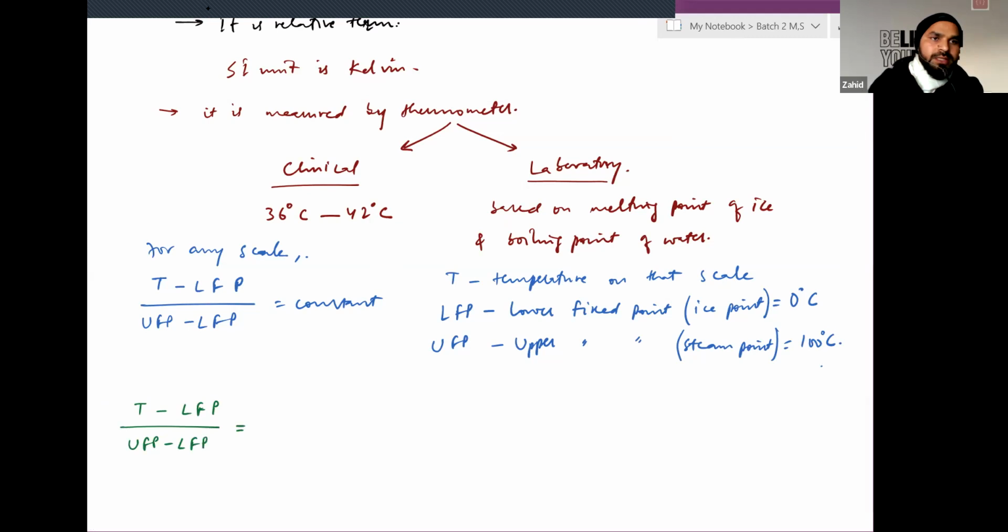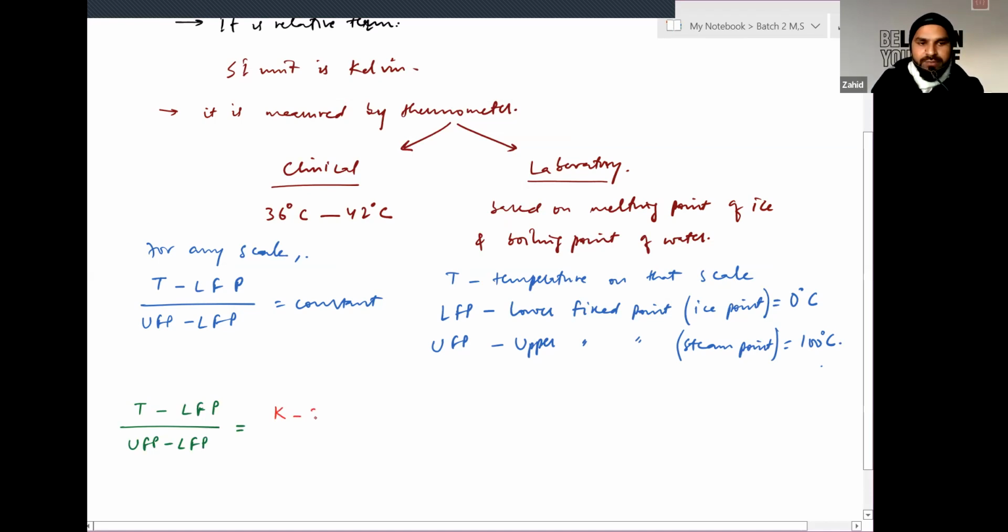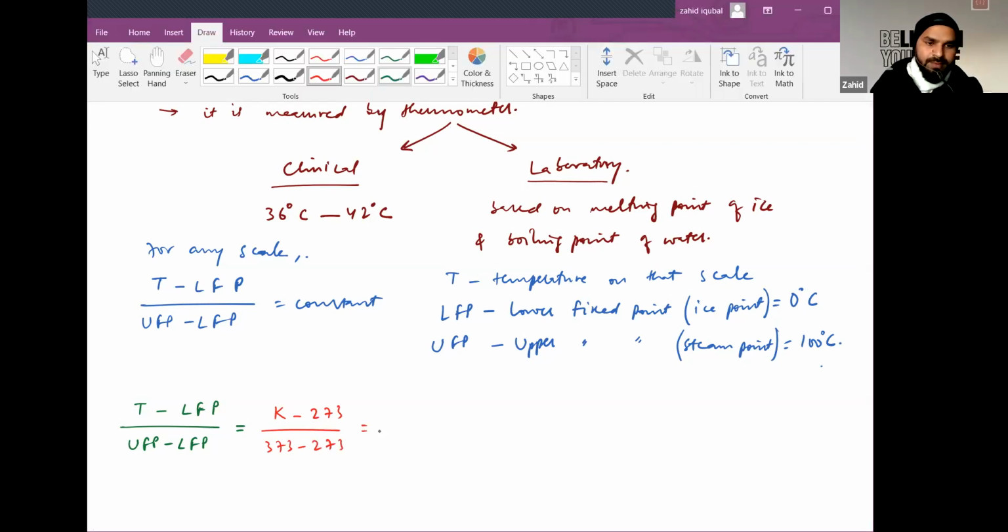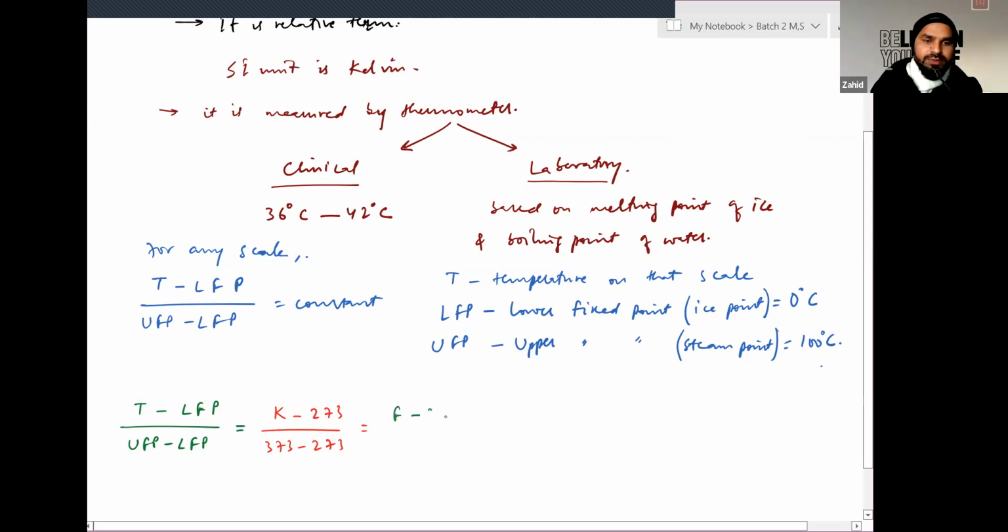This expression must equal, let's say first for Kelvin, (K minus LFP for Kelvin, which would be 273) divided by (UFP for Kelvin, 373, minus 273), equals, in terms of Fahrenheit, (F minus 32) divided by (212 minus 32). In terms of Celsius, it will be (C minus 0) divided by (100 minus 0).